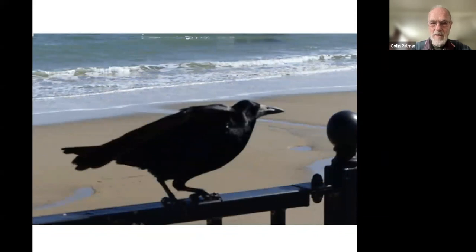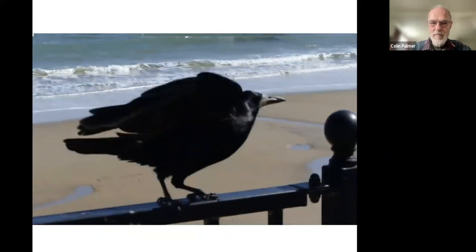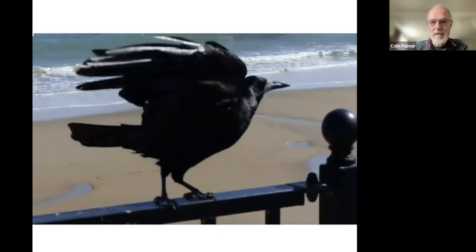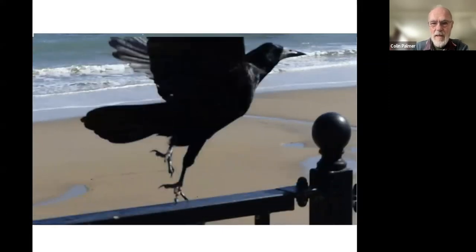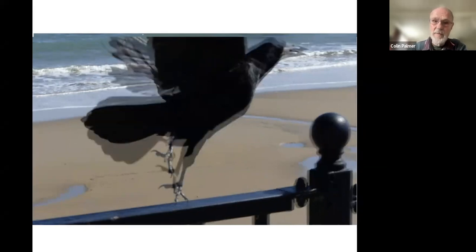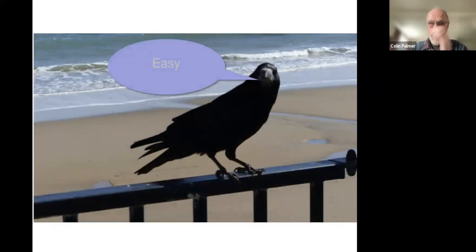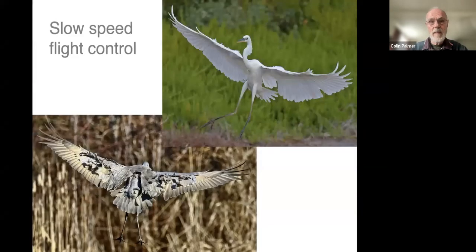So it pushes up with its legs, pushes up even more, and look, it's just putting its wings into the air as it's pushing up hard with its legs, wings going up again, and there the wings are only just starting to come down as its claws are leaving the balustrade, and off it goes. See, if you know what you're doing, it's easy.